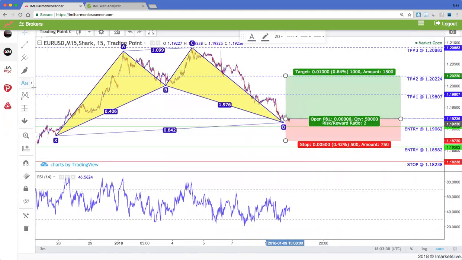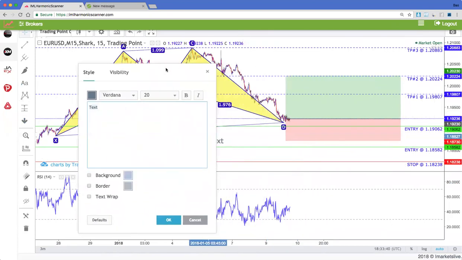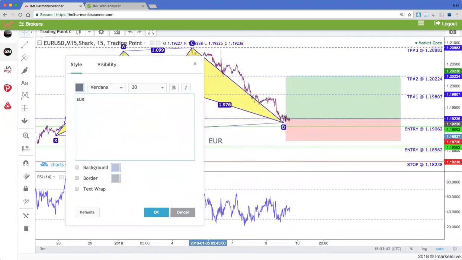Give me text. Okay. So we are going to start a Euro US dollar. It's a buy. And the stop loss is 1.18730, and the take profit is 1.20224.